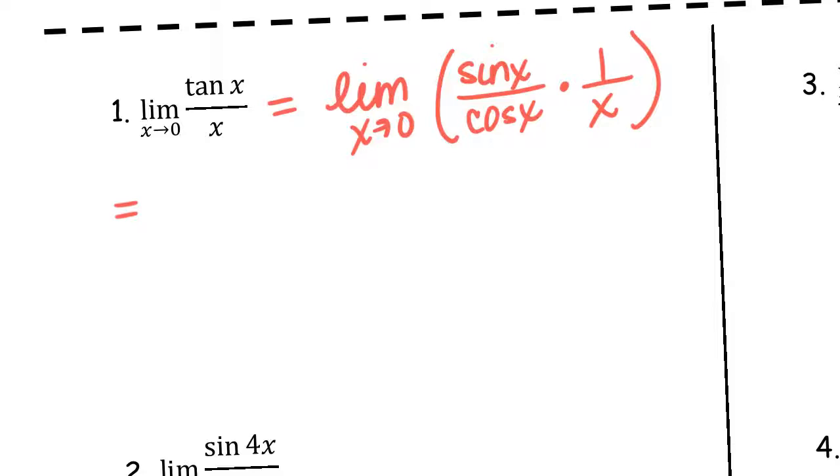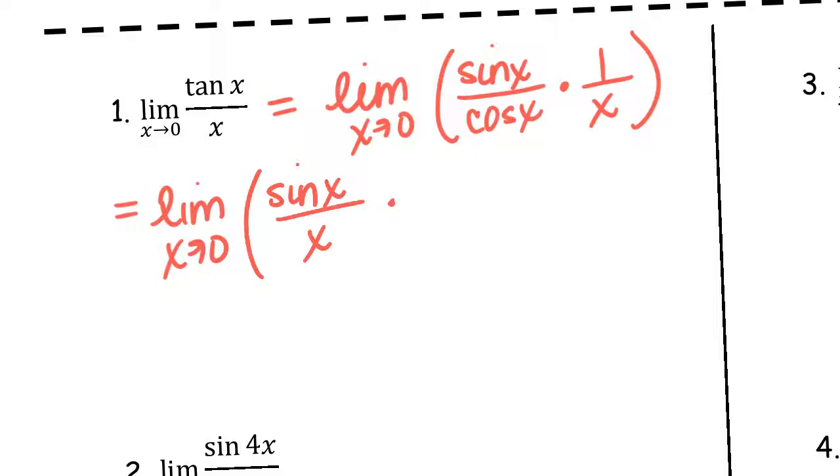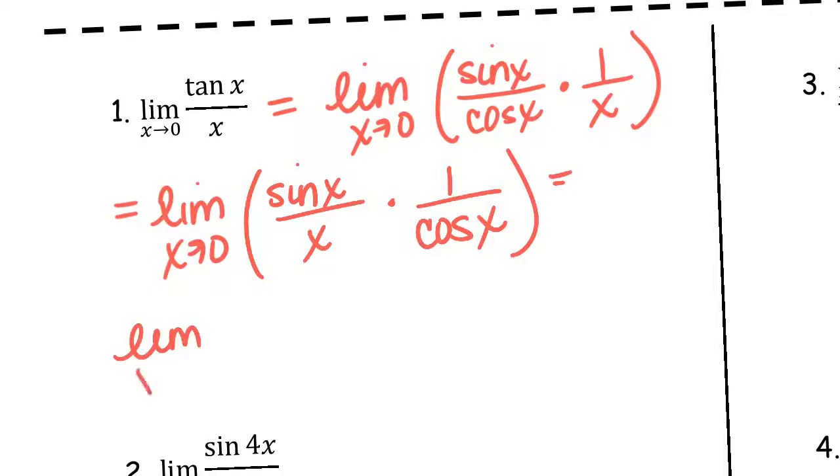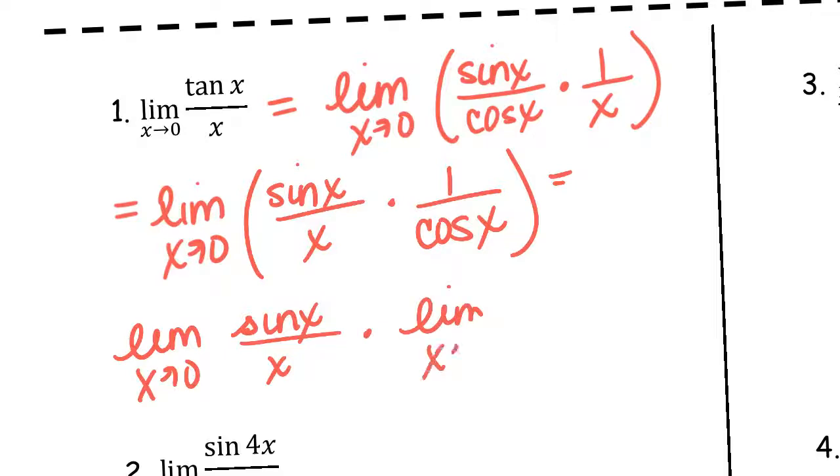All right, so in that case, I could reorder that function. One of my special squeeze limits is sine of x over x. If I reorder that, the rest becomes 1 over cosine of x. Well, this is acting like the limit as x approaches 0 of sine of x over x times the limit as x approaches 0 of 1 over cosine of x.